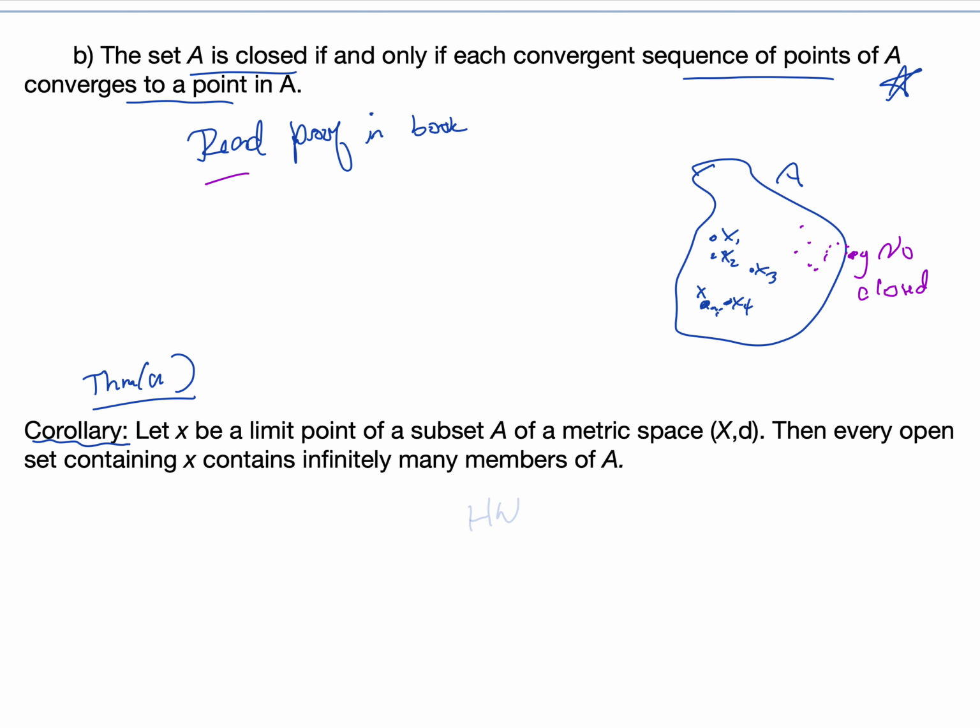In this case, this follows fairly quickly from part A of the previous theorem. And again, I'm going to make it homework to explain why this corollary follows from theorem A. So that's it for this video and this section of the book.